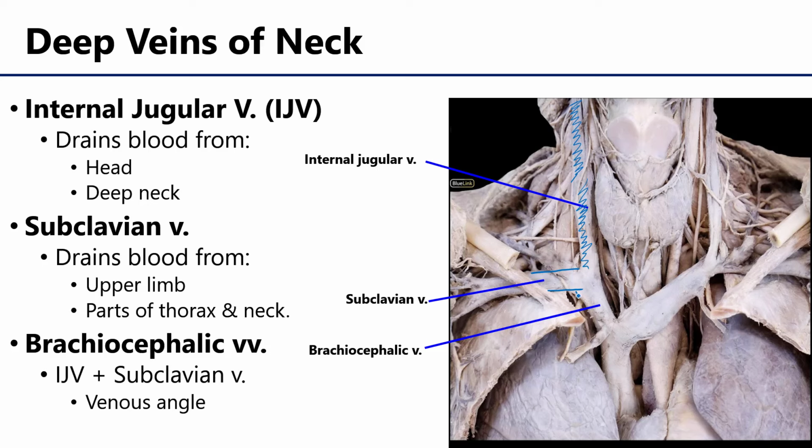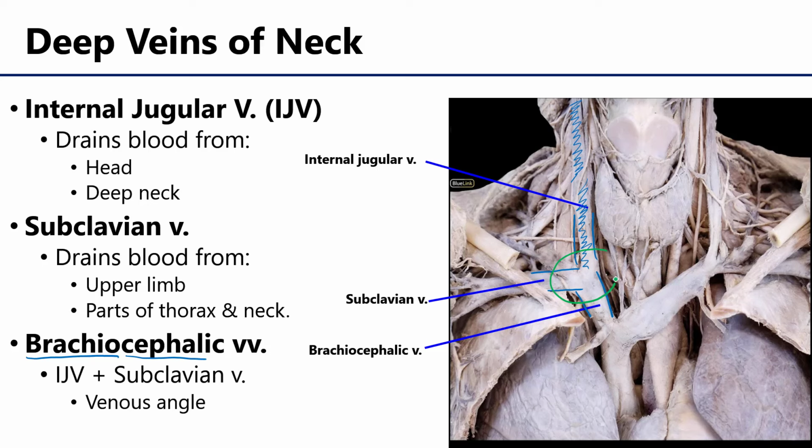They form then a brachiocephalic vein. So brachio, because the subclavian drains the upper limb, means arm, cephalic, head. So brachiocephalic veins drain the head, neck, and upper limbs of blood. The area where the subclavian vein comes together with the IJ to form the brachiocephalic vein is known as the venous angle.